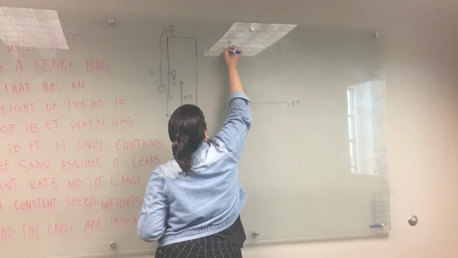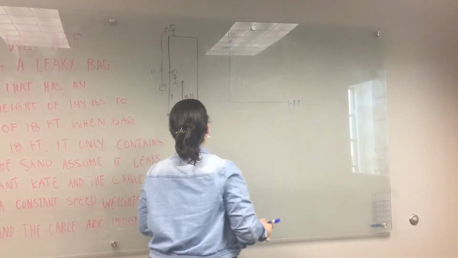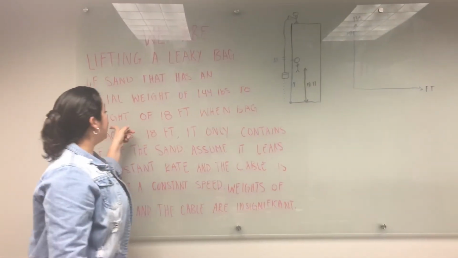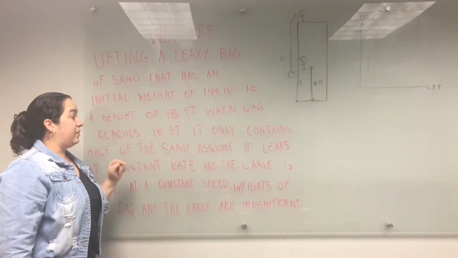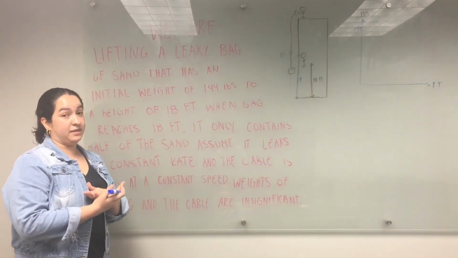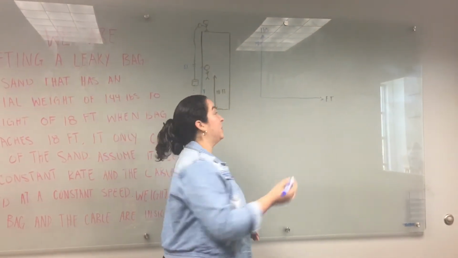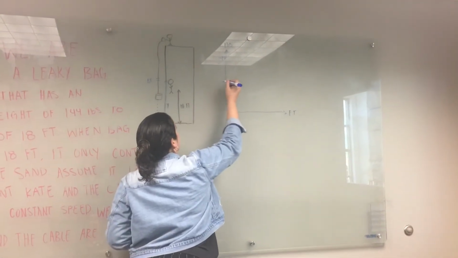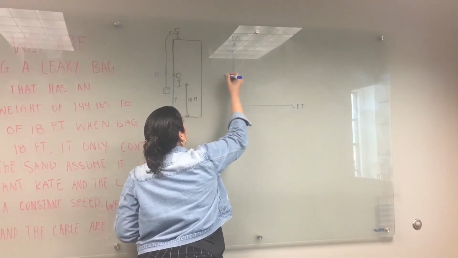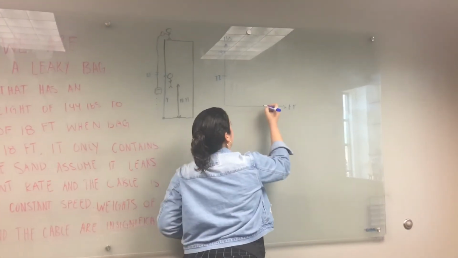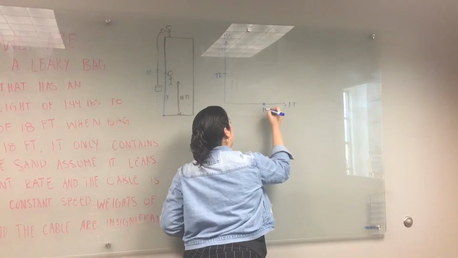So 144. And then it says that once it reaches 18 feet, it only contains half of the sand. So when we do 144 divided by 2, we get 72 pounds. And like we said, it's once it reaches 18 feet.